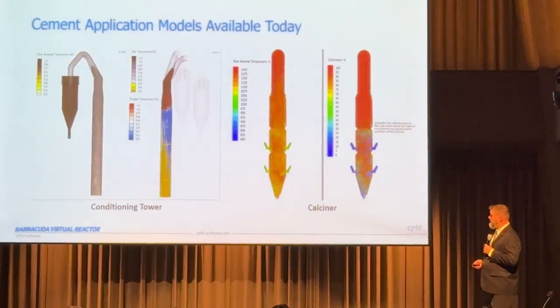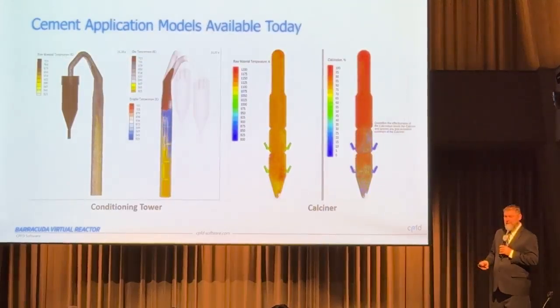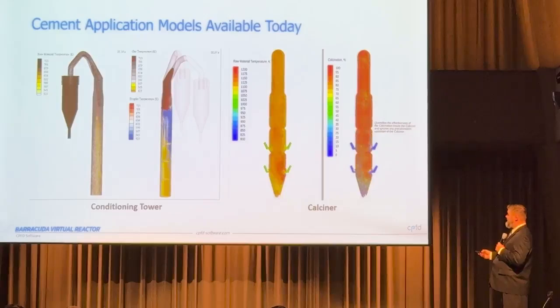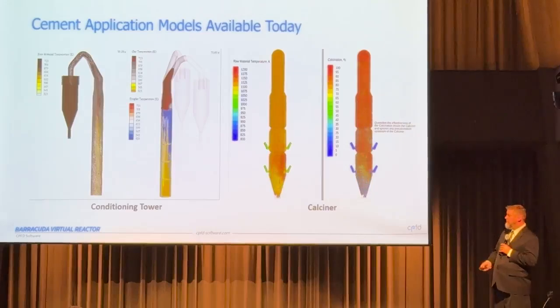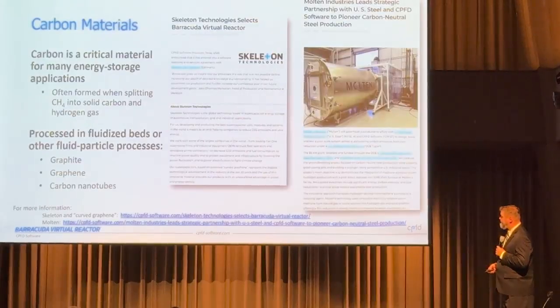We do have two application models, and all I will say is they're there on our website today. So if you're interested in cement calcination, there is one that can be downloaded today. And then the conditioning tower. This is cooling the hot gas that comes out of the preheater cascade with liquid sprays. And so these are available today.